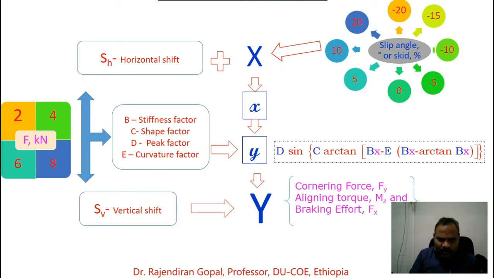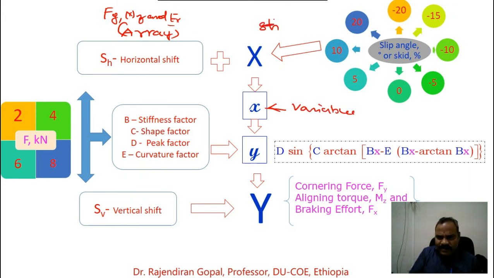Then based upon this load we have to find out the horizontal shift, vertical shift, stiffness factor, shape factor, peak factor and curvature factors. These 3 things for cornering force, aligning torque and braking effort you keep as an array. Then this horizontal shift is added with the slip angle or skid, giving a variable x.